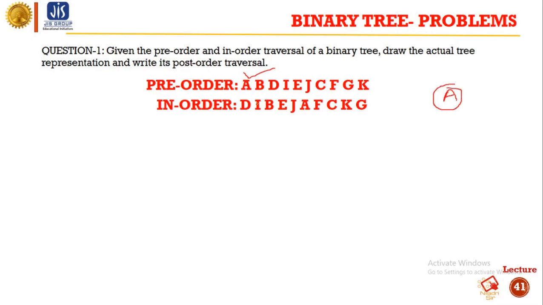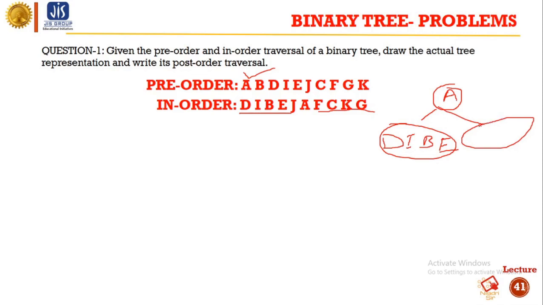Then as you can see, this is the left part and this is the right part of A. In the left part it will be D, I, B, and E, and in the right part F, C, K, G. This is step one.